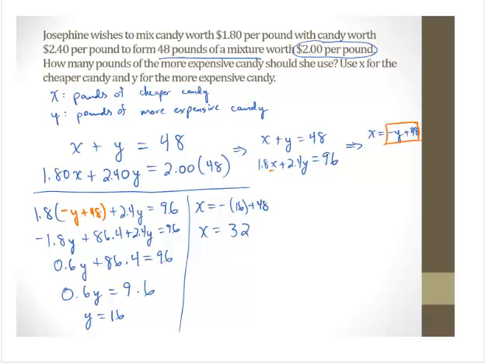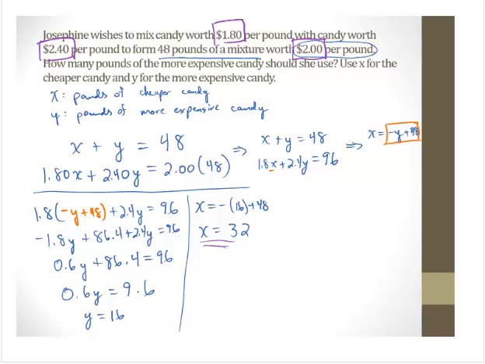Now, one quick way to think about this is notice the individual prices were $1.80 and $2.40, and that the mixture was worth $2 per pound. Since $2 is closer to $1.80 than $2.40, that means we should have more of the cheaper candy, if we think about how weighted averages work. And we do have more pounds of the cheaper candy.